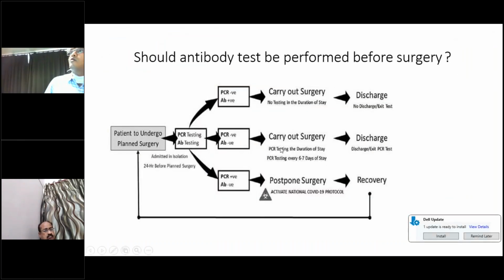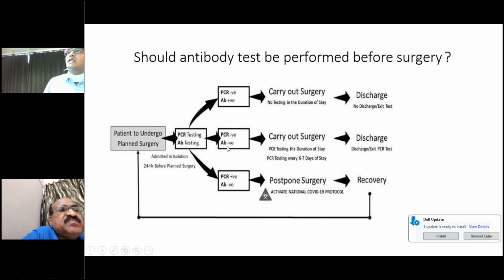So should we go for antibody testing for surgery? If we perform the antibody test along with the PCR test, and the antibody test comes out positive and RT-PCR comes out negative, then we can carry out the surgery, and at the time of discharge there is no need to go for further testing.